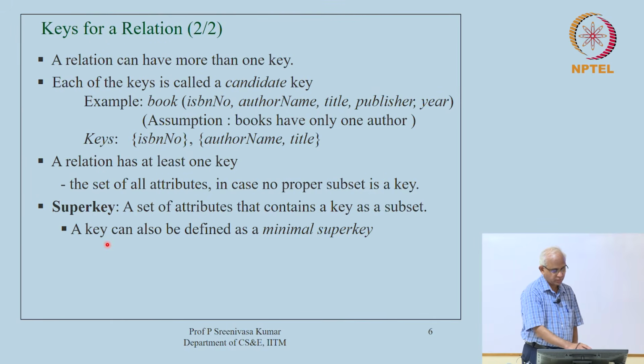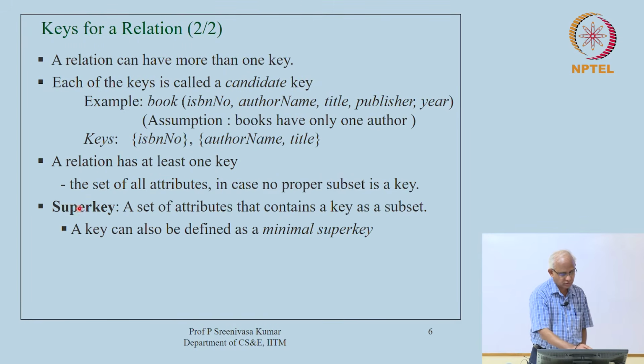I gave you an example of a super key in the last slide. Roll number and name is a super key because it contains the key, which is roll number, for the student relation. For the student relation, roll number is the key. So, anything you add to that, roll number and name, roll number and phone number, etc., they all will become super keys.